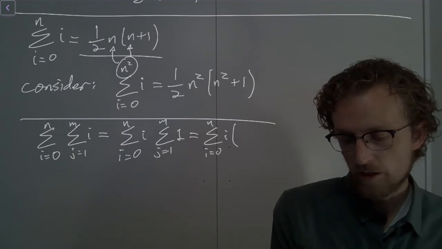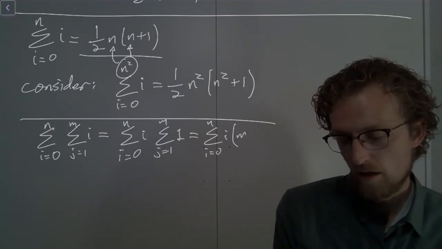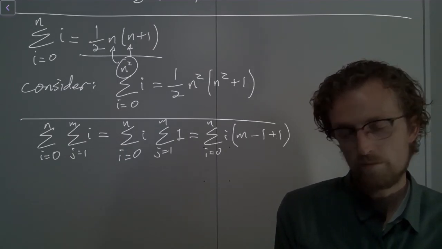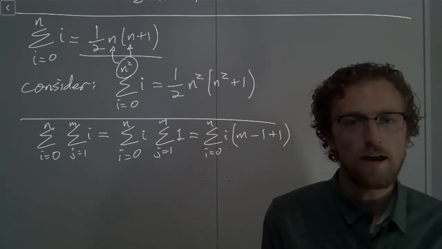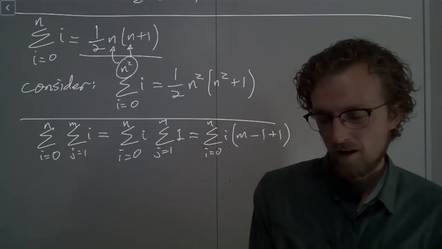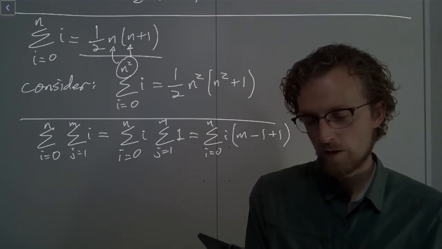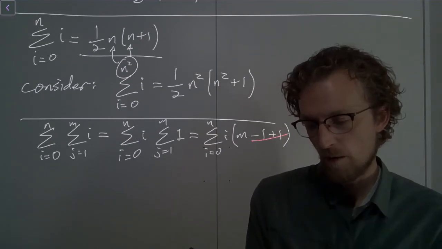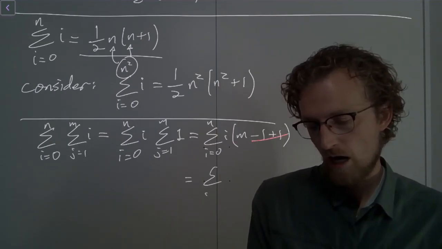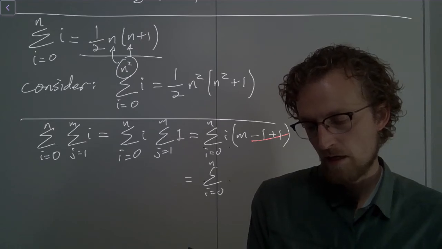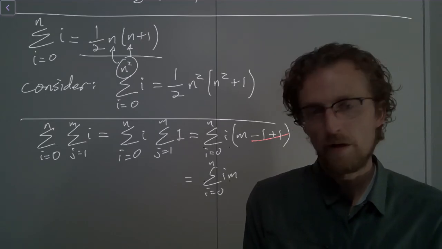So I can say this inner sum is m minus 1 plus 1. This is just the formula I showed earlier. And those ones, of course, cancel, so this is just m. So now this equals the sum from i equals 0 to n of i m.